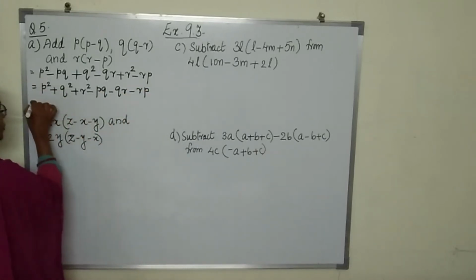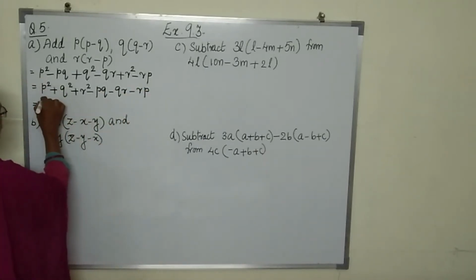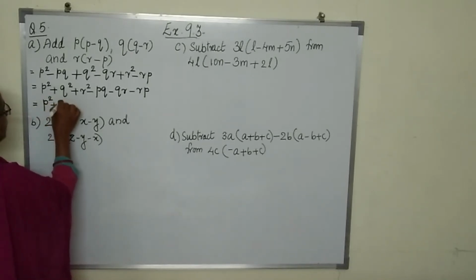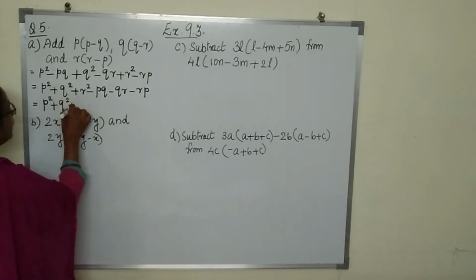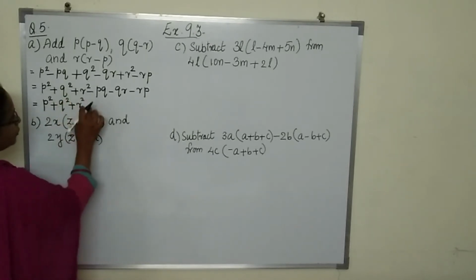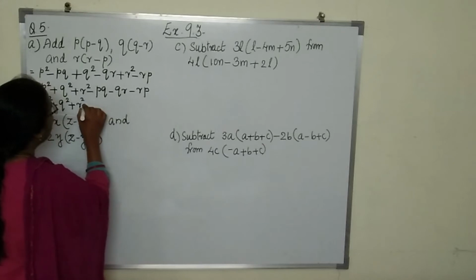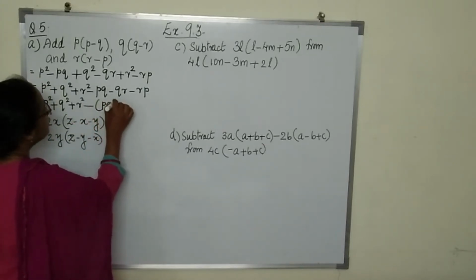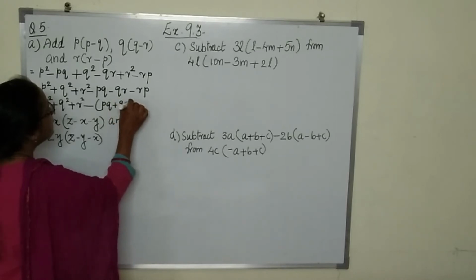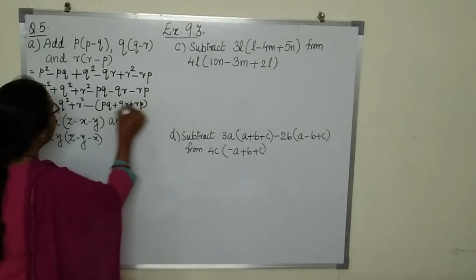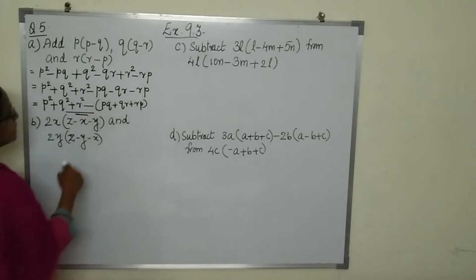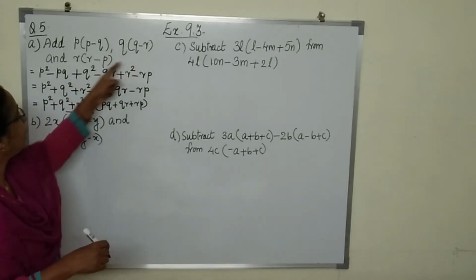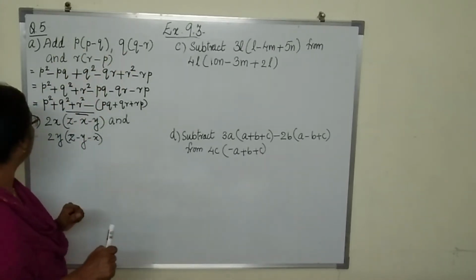It is not compulsory, but if you wish, you can also write P square plus Q square plus R square, and since all these terms have a minus sign, take the minus sign out: PQ plus QR plus RP. So this is the sum of all these three polynomials.